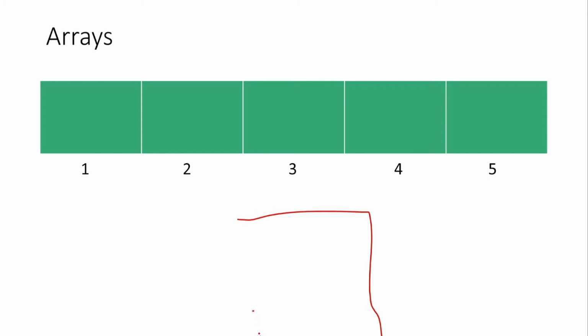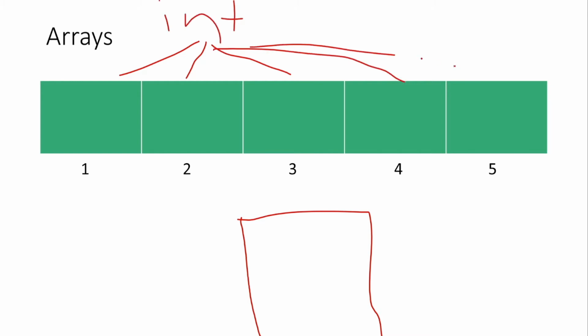Let's say this little box is your memory, and in the array, let's say each of these are all integers. Then, since there's 5 here, there would be 5 boxes here. And as you can see, they are indexed.